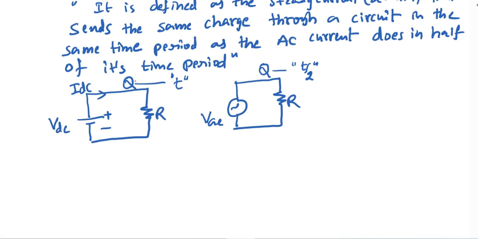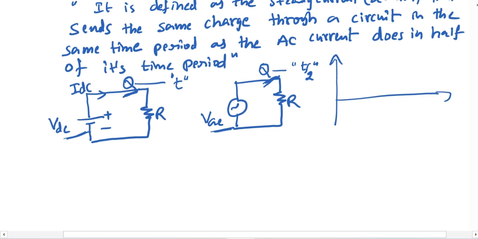The same amount of charge can be produced by both systems, but the time taken by the DC system and the AC system is different. If the DC time is t, then the AC will take half of the time to complete the charge or work done. Suppose we have a waveform something like this, with pi and 2 pi, and this is time.